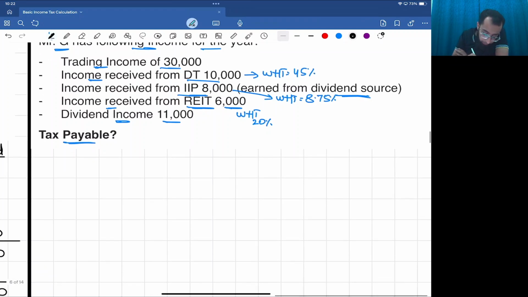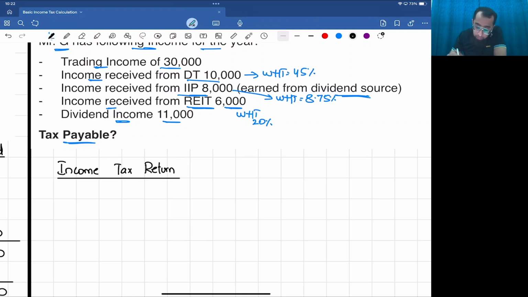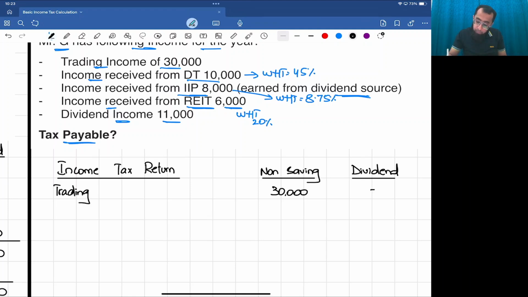Let's look at it. We are doing the income tax return. Okay. Now, you have the non-saving income head, and the other head is dividend income. Okay, here you go, non-saving and dividend. Trading income 30,000 goes in non-saving.